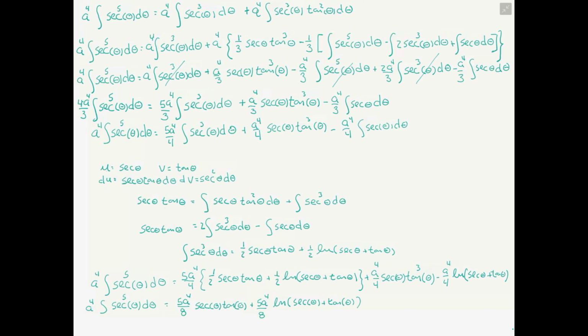And we have our last terms. A to the fourth over 4 secant theta tangent to the third theta. And we have that last term, which is the natural log, but that's subtracted from the first term.